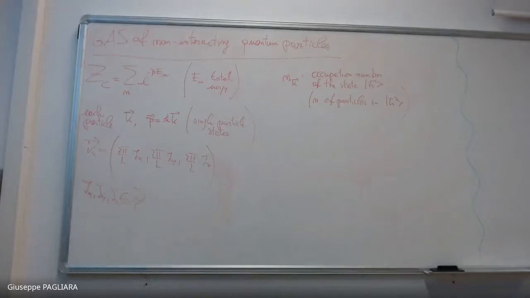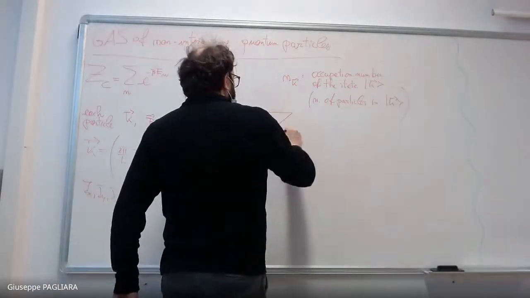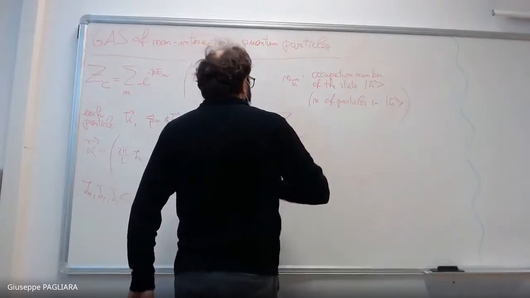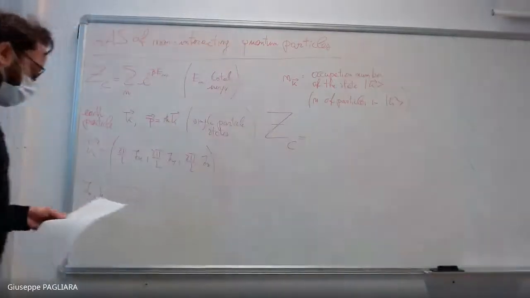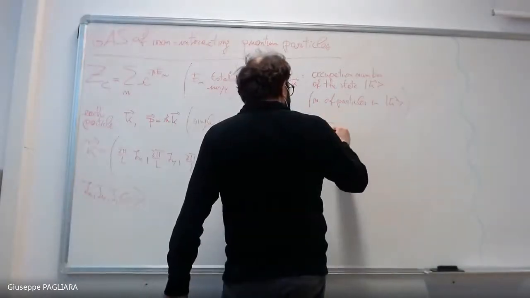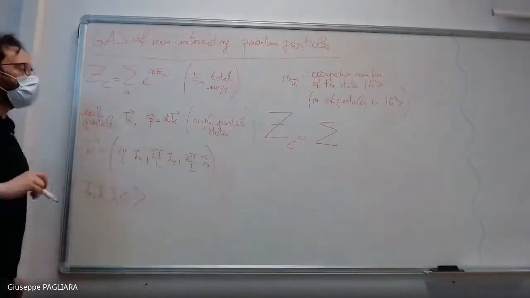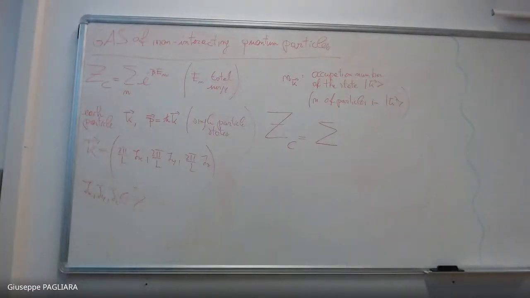Now let's write down the canonical partition function for this specific situation. This will be a sum over n, but actually this sum must be done in a slightly different way, because n runs over all the possible states of the orthonormal complete set.